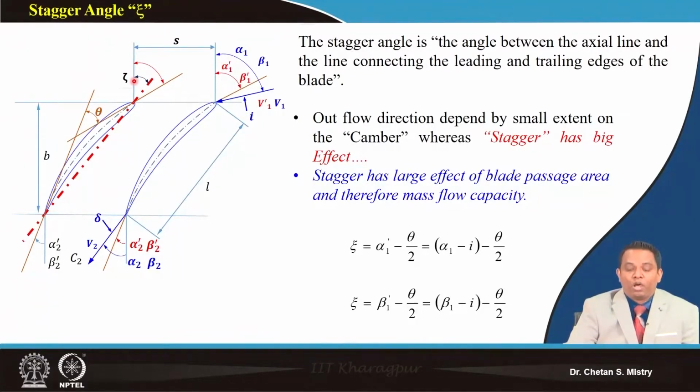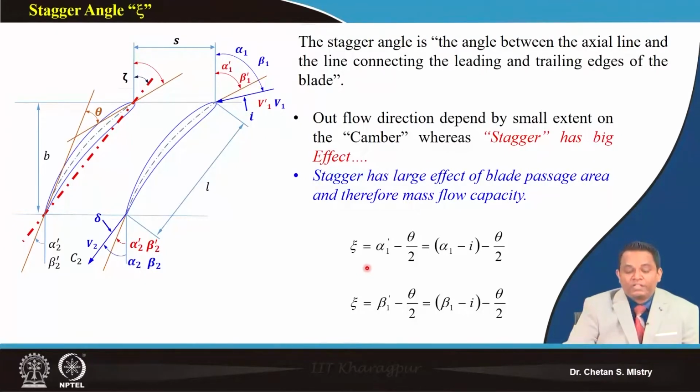The outflow condition, as we have seen, mainly depends on our camber angle, but at the same time this stagger angle has more impact. So you need to realize that along with the incidence angle, deviation angle, and camber angle that we are discussing, the stagger angle is also equally important.